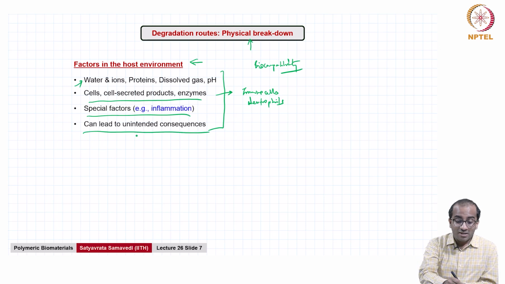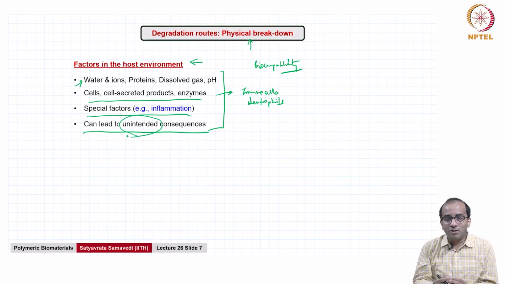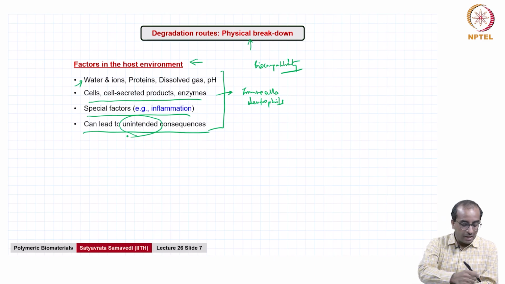They are unintended only if you have not accounted for them. If you have carefully accounted for these factors, you will be able to predict the degradation rates and the performance of the material, even with these factors acting on the material itself.